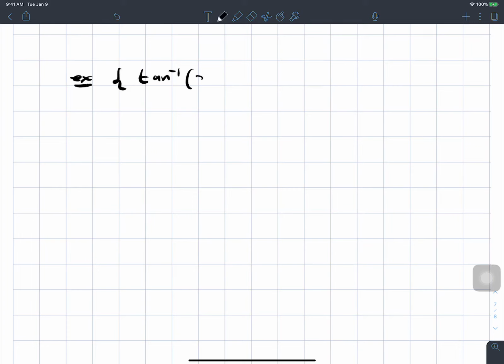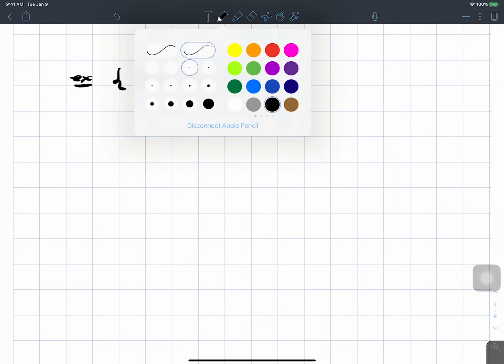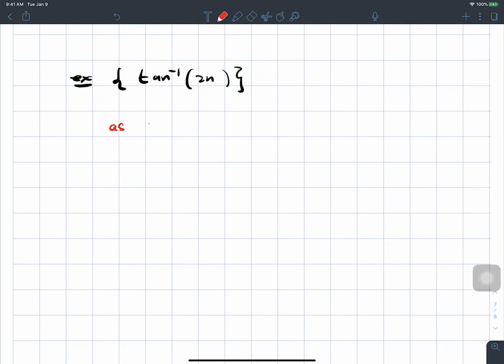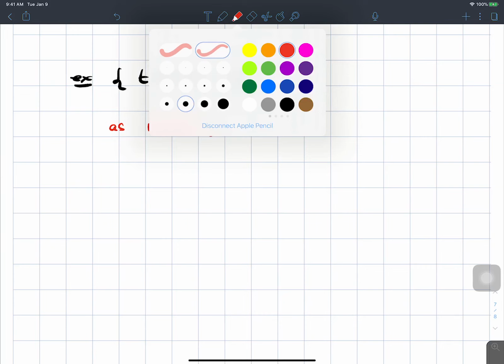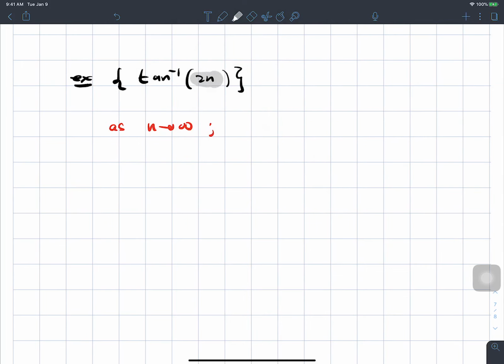Inverse tangent of 2n. Okay, so we want to know, as n gets big, I want to show you something here. We could transition here. As n gets big, we can say 2n gets big too.